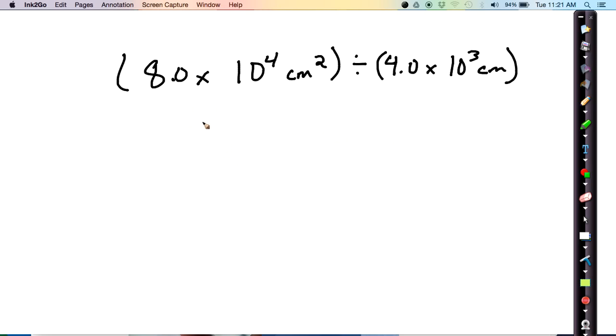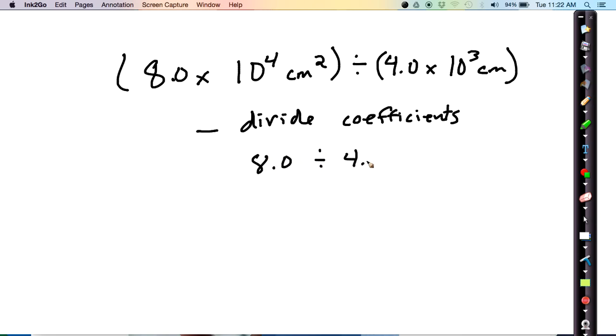So similar to what we did with multiplication, the first step here is going to be to divide the coefficients. So we're going to divide 8.0 by 4.0. And that's going to get us 2.0. The second step is going to be to subtract the exponents.